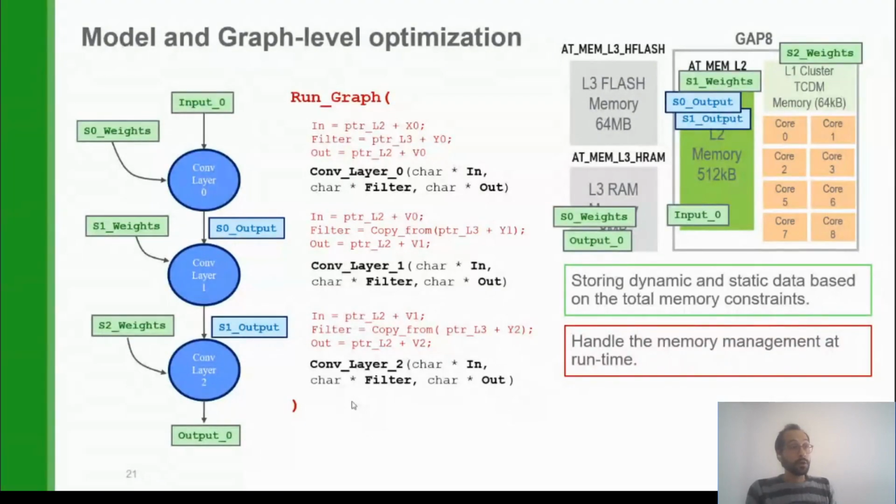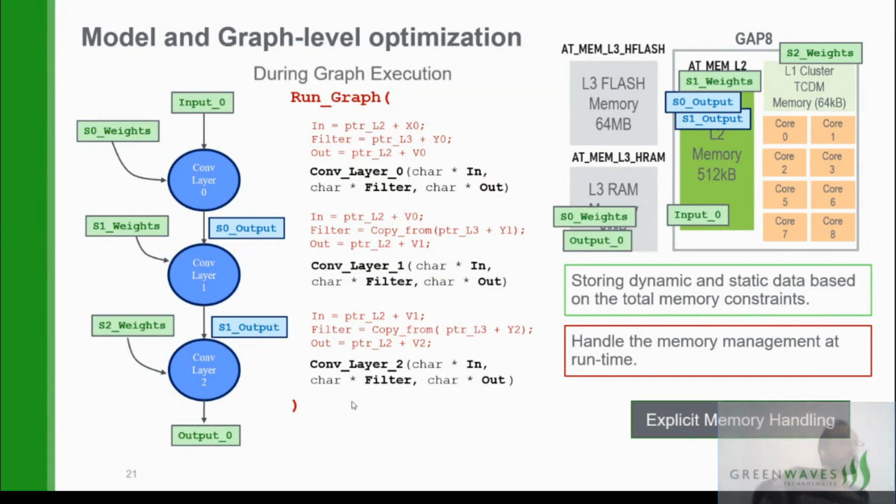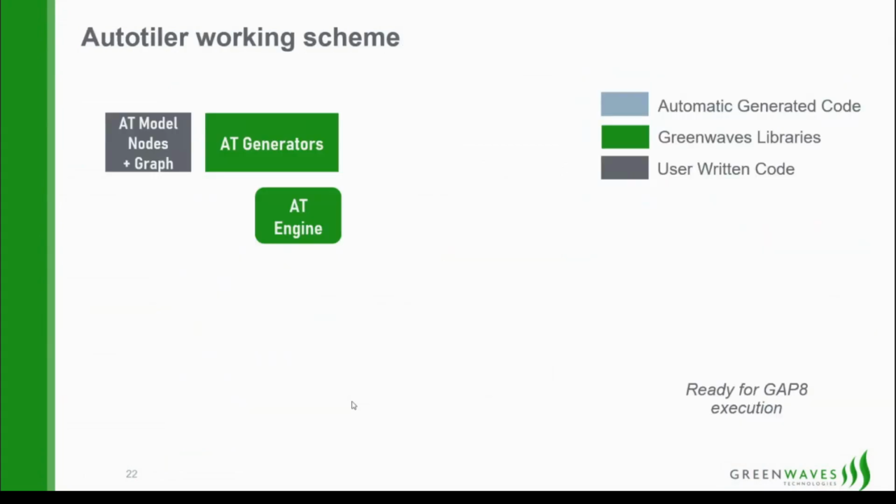That's what the autotiler does. It takes all these constraints and optimizes the memory movement, which means that if tomorrow you change the size of the input, all the memory movement for the first layer can be automatically generated again. And this is how we deal with explicit memory handling.